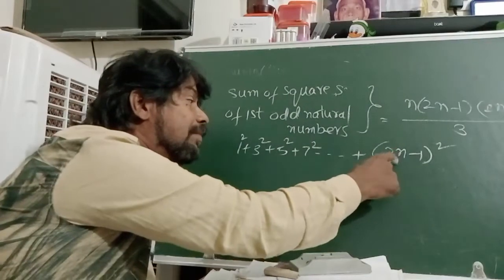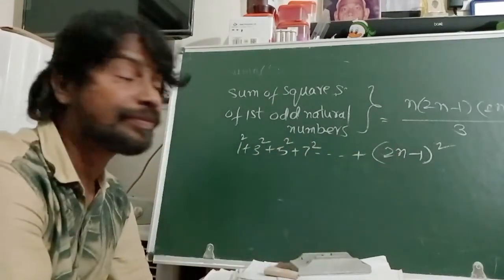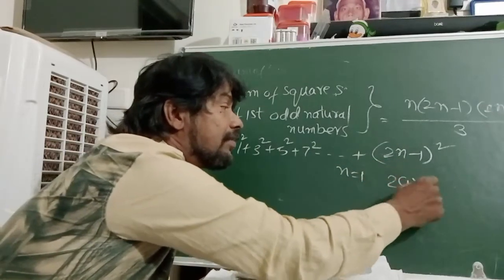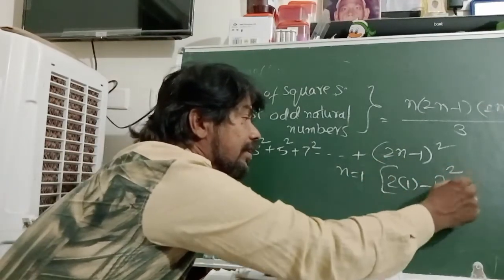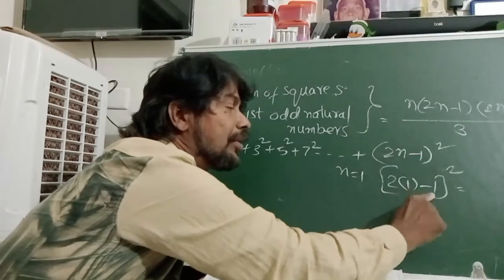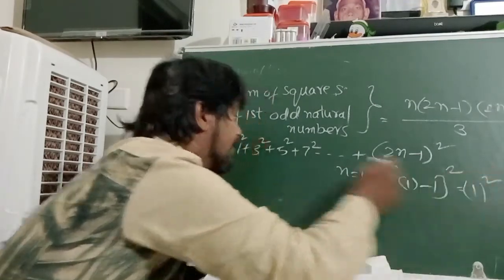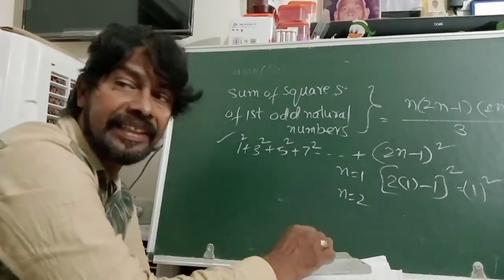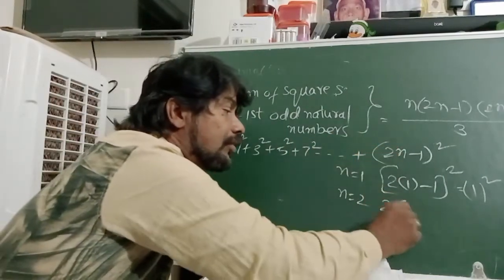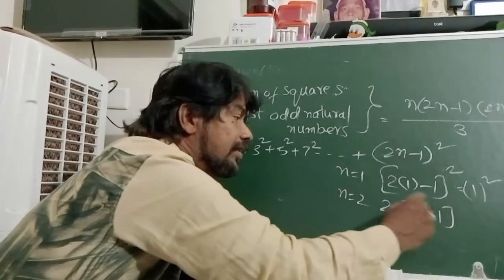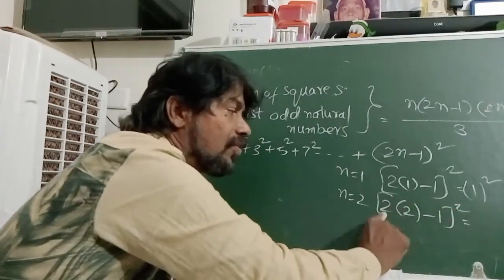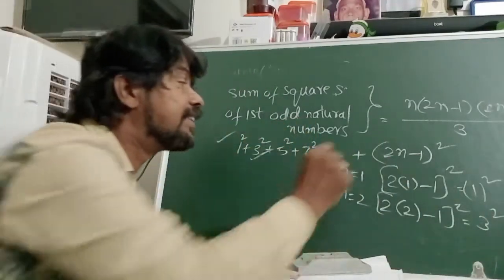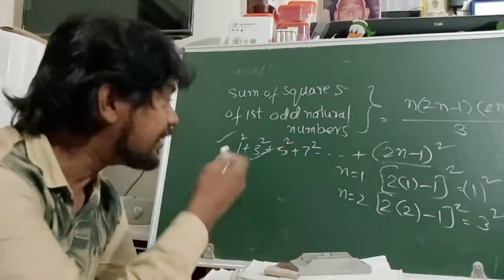Let us test whether this is correct. Suppose n is equal to 1: 2 into 1 minus 1 whole square. 2 ones are 2, 2 minus 1 is 1 square. Suppose n is equal to 2, the second number: 2 into 2 minus 1 whole square. 4 minus 1 is 3 square. The second term is 3 square. This is the nth term in this series.